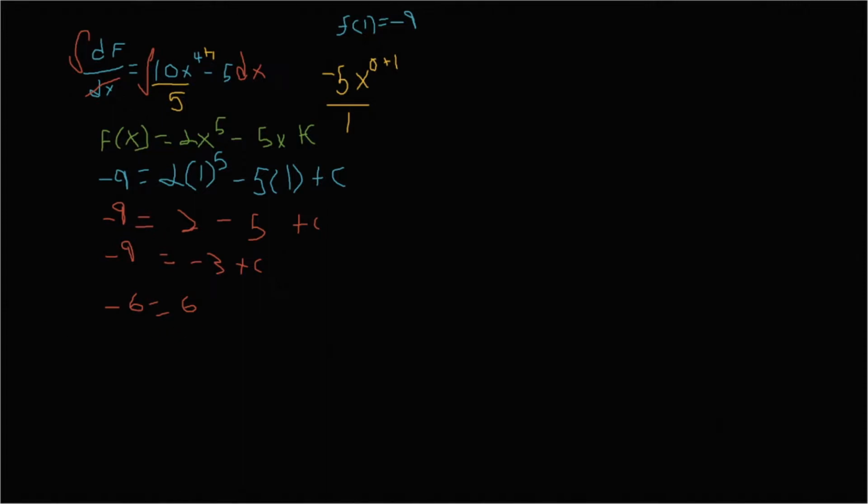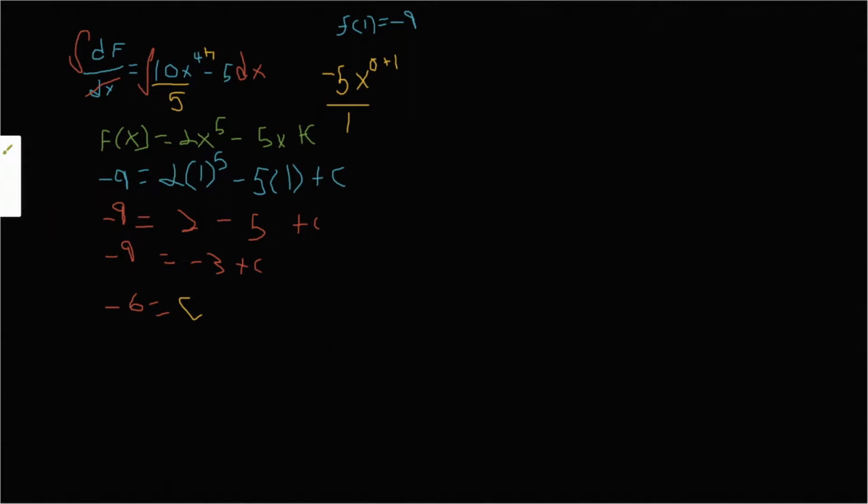I just realized this looks like 6 equals negative 6, which is not exactly true. Let's try that again. So this is what c is. And so now we can substitute negative 6 back into this equation.